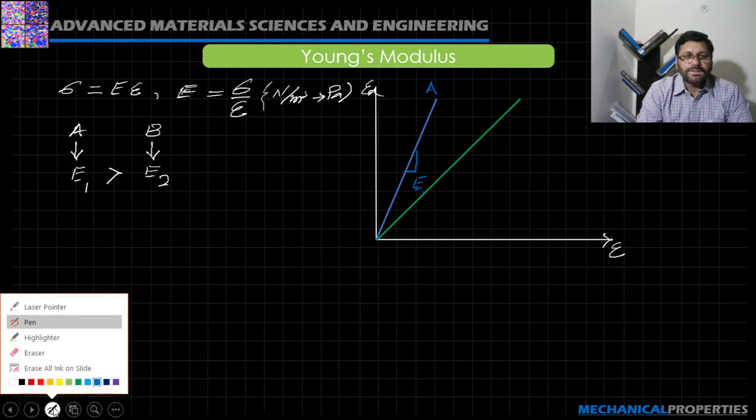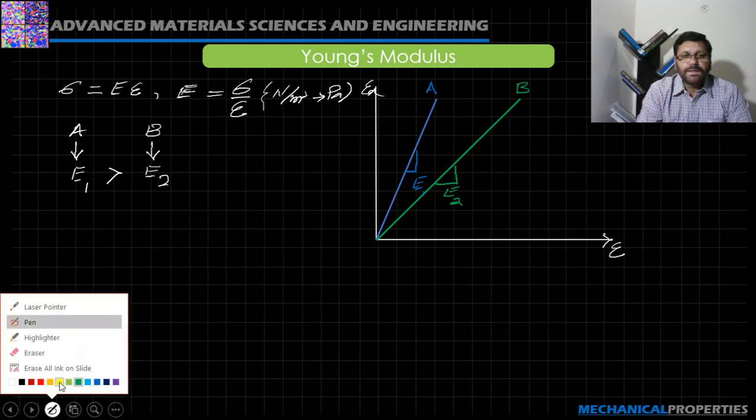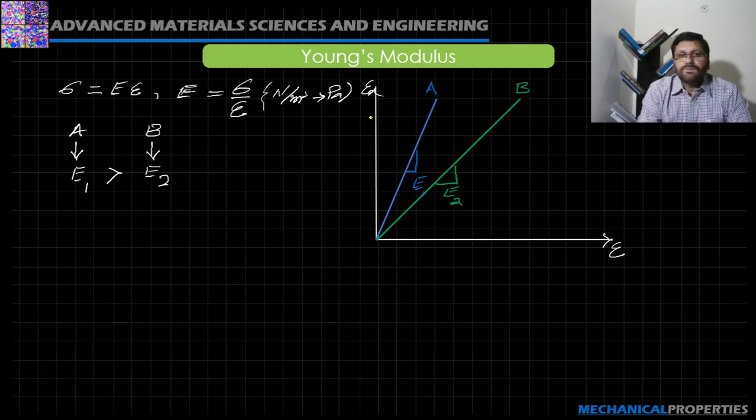the modulus of elasticity for the material B is E2. This is for the case of material B, and we assume that at some value of stress, let's say this stress value is sigma 1, we draw a horizontal line which cuts these straight lines.